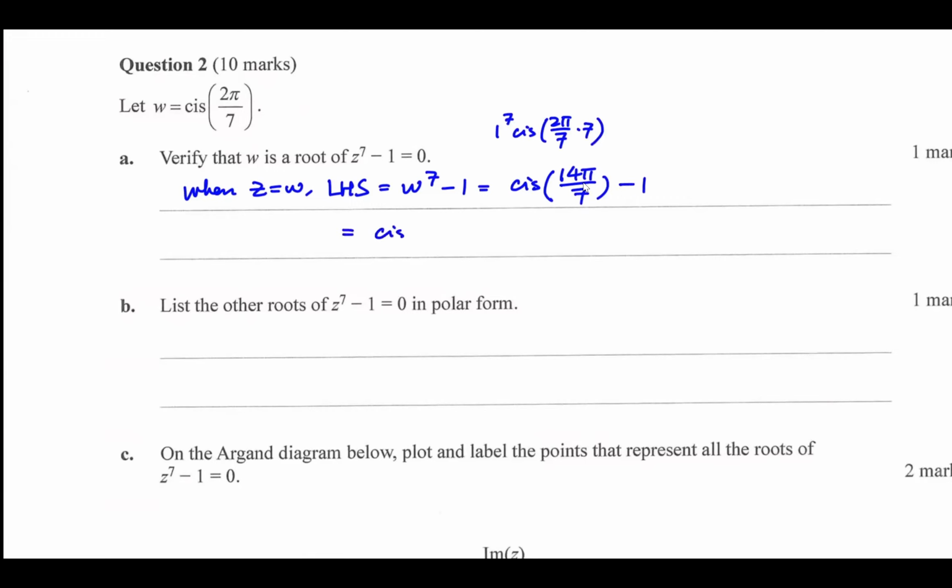So it's equal to cis 2 pi minus 1. And cis 2 pi is 1, so 1 minus 1 is 0, equal to the right-hand side. Therefore, verified.